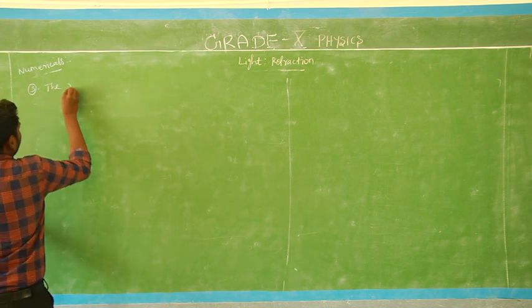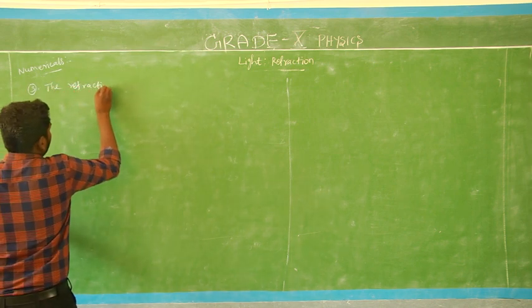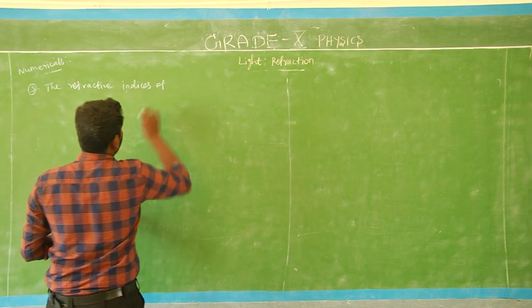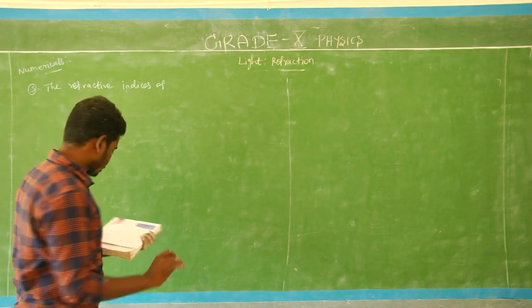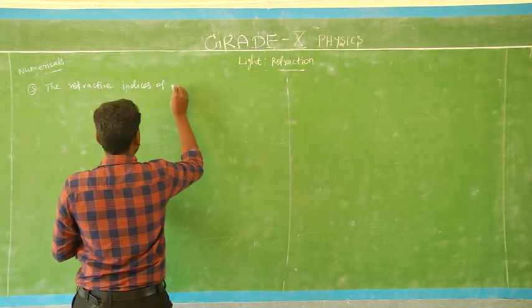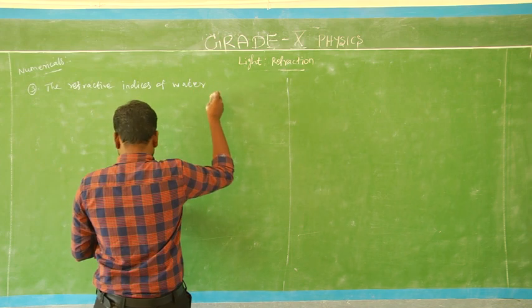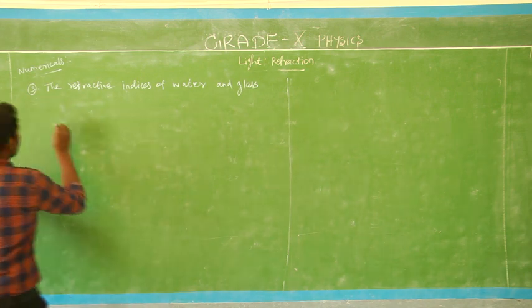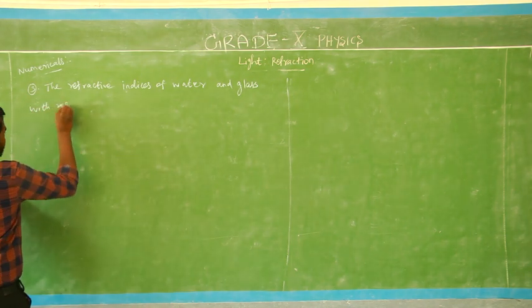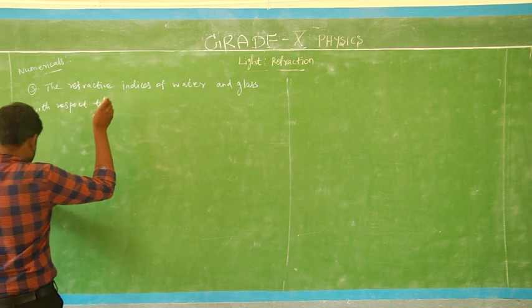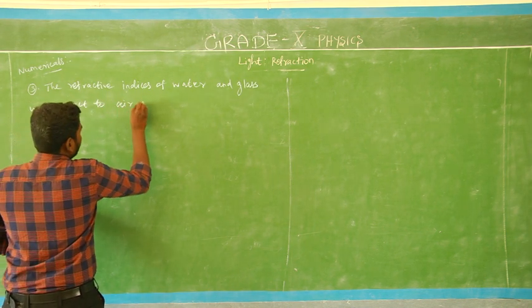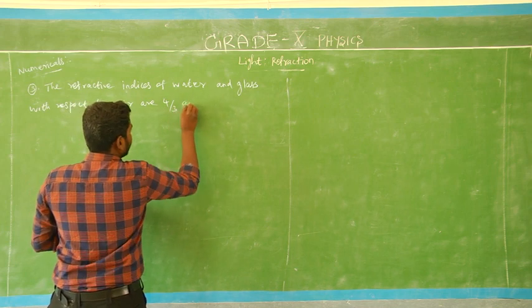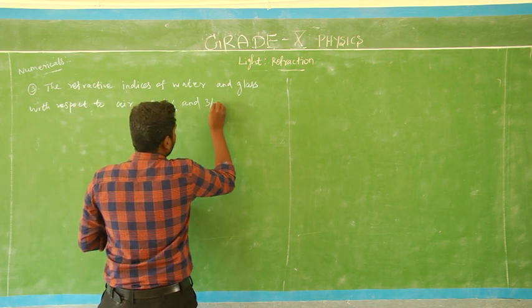The refractive indices, plural indices, okay, index as well as plural indices, of water and glass with respect to air are 4 by 3 and 3 by 2 respectively.